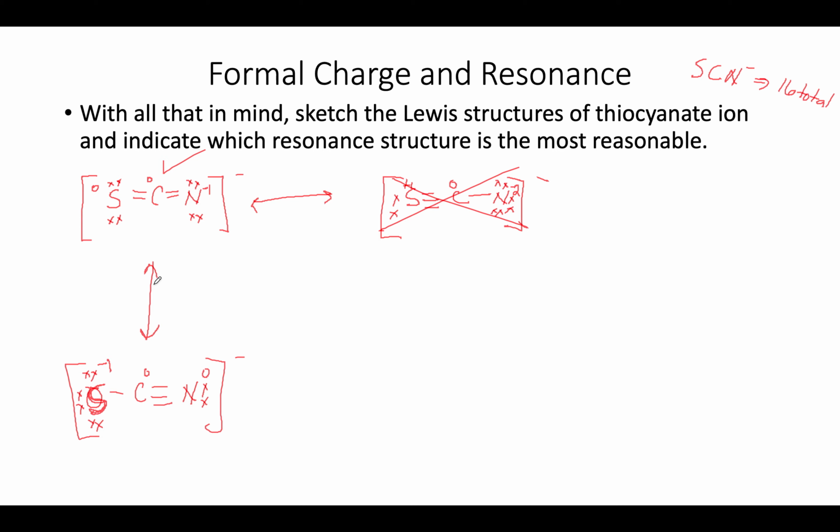Whew. And yes, this one's the preferred one, but this one and this one probably all exist to some extent in the real ion. It's just that this would be the dominant one.